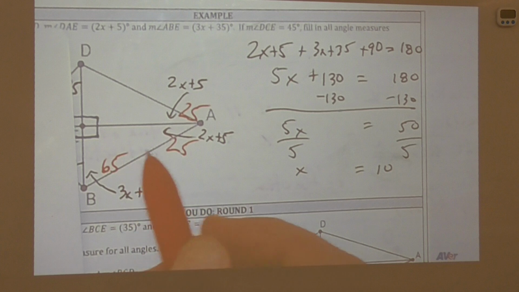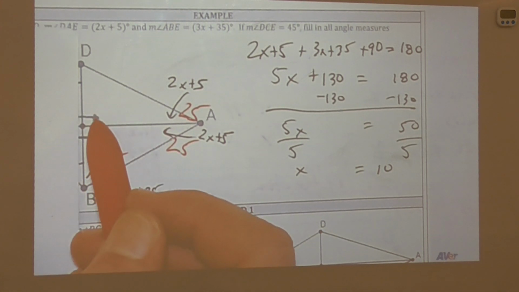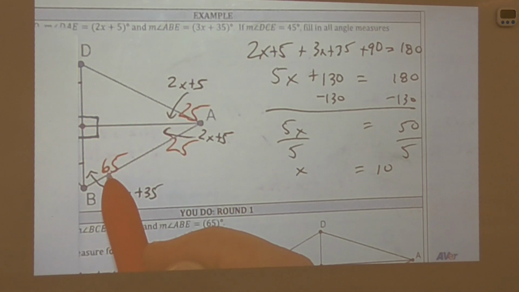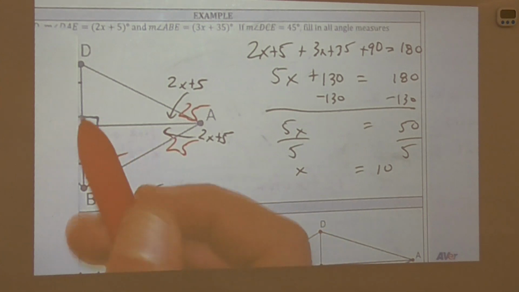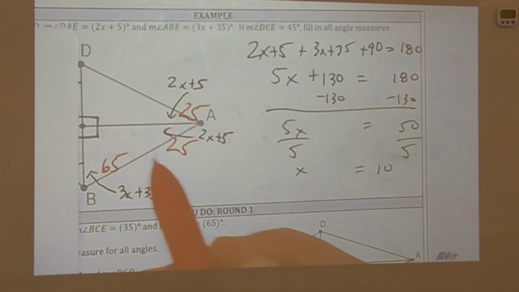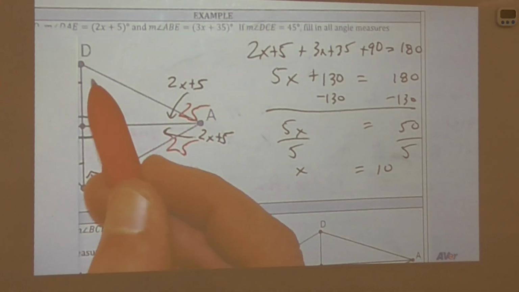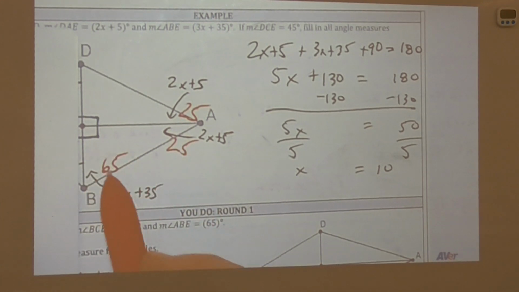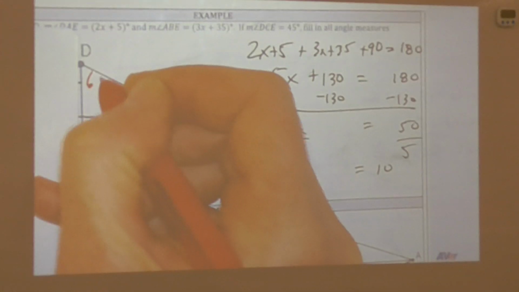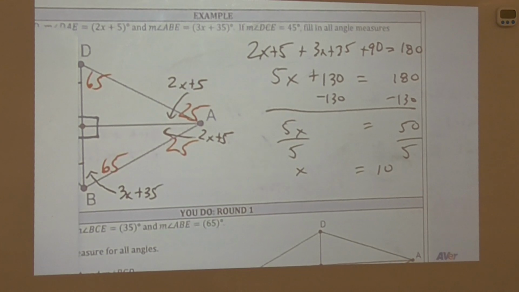And then you see that the triangle on top is congruent to the triangle on the bottom, or rather you should see at least that it must have the same angles, because you have 90, 25, and something. Here you have 90, 25, and something. That something is 65, so this must also be 65.